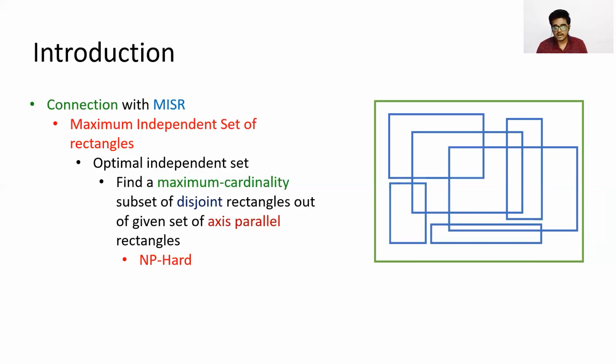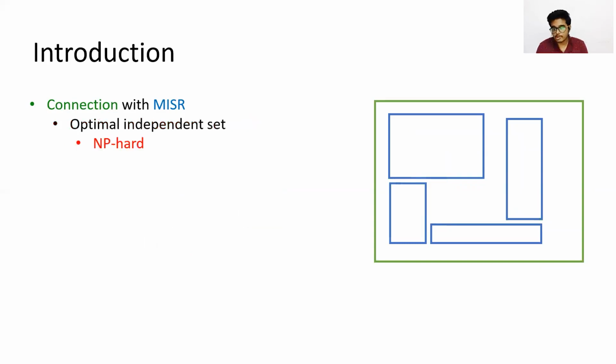And naturally, from this definition, we can have a graph and the notion of independent sets. So it's the maximum number of rectangles that are not intersecting each other. That's the optimal independent set, and it's NP hard. Right. So for this example, this is the optimal independent set, and it's hard to find.